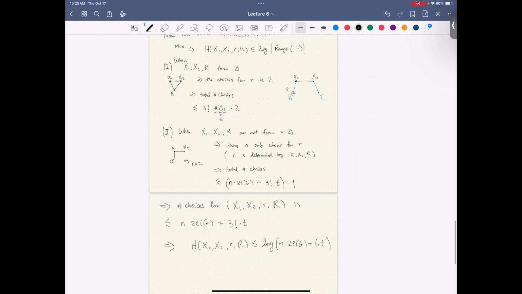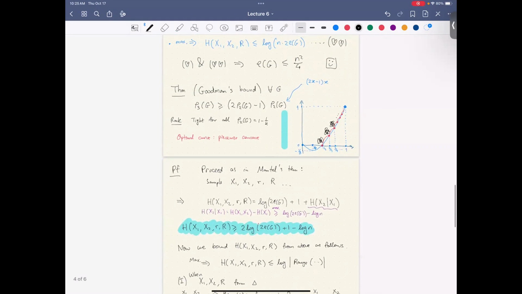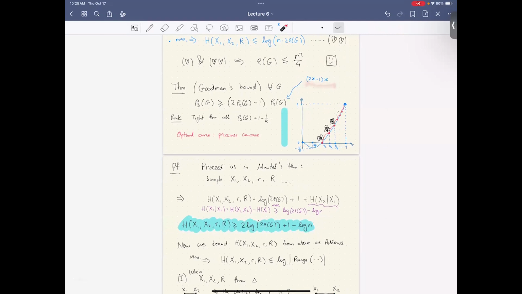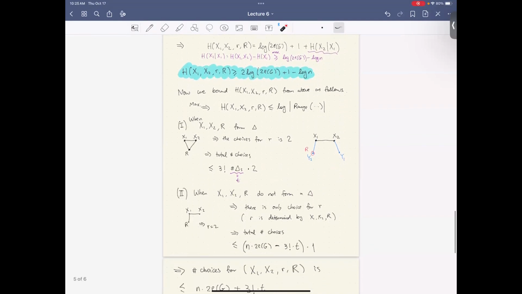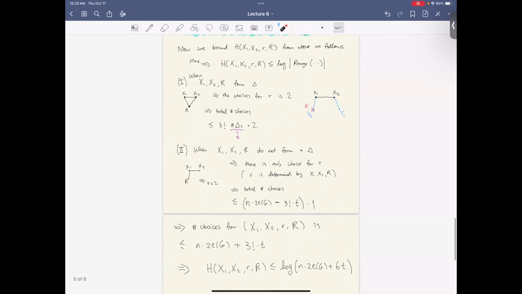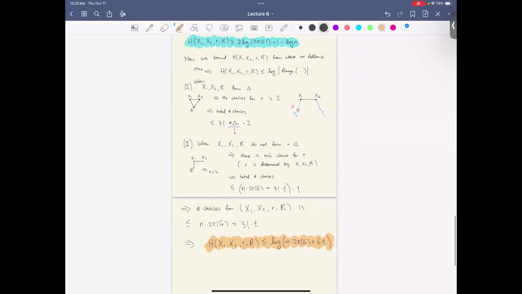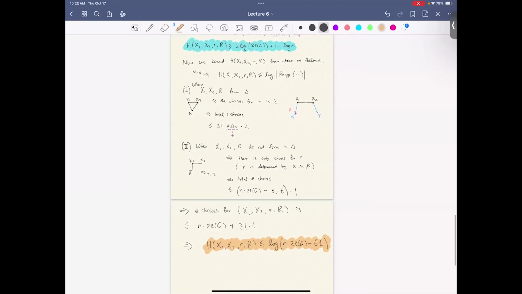Now let's do the calculation together to do the sanity check that we do have this 2x minus 1 times x function. All right. So on one hand, the joint entropy is at least this guy. On the other hand, the joint entropy is at most this guy. Putting these two together, so the top one, 2 times log this.